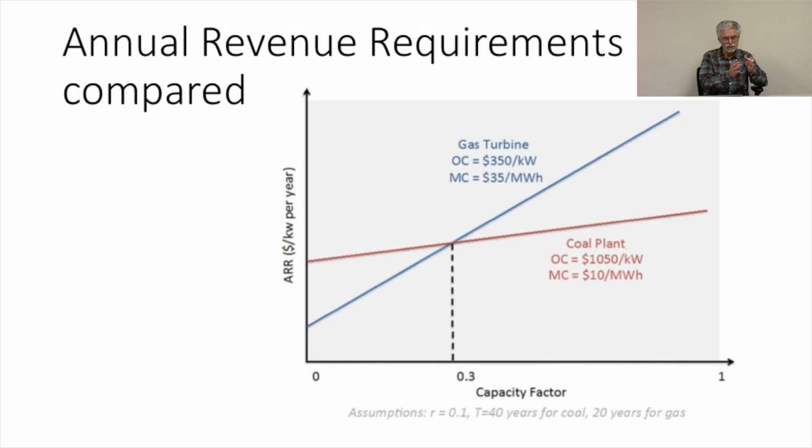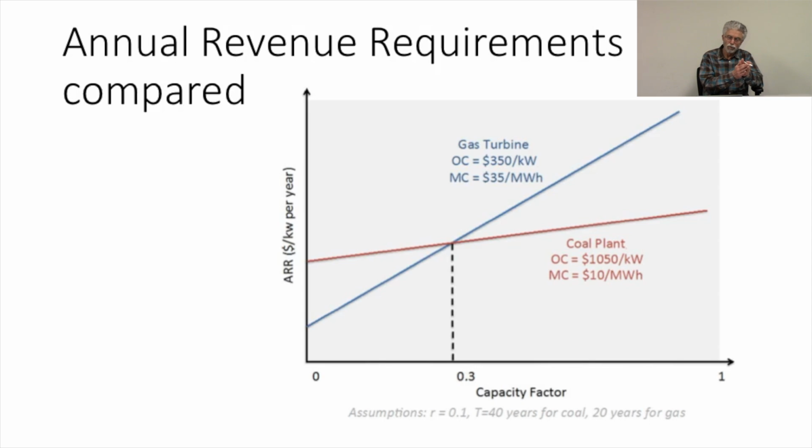And so as the capacity factor increases, you can decide, well, for a power plant with this expected capacity factor, it has a lower or higher annual revenue requirement than some other power plants. So you compare different power plants according to their annual revenue requirement, but based on what you think the likely capacity factor for that power plant is going to be.